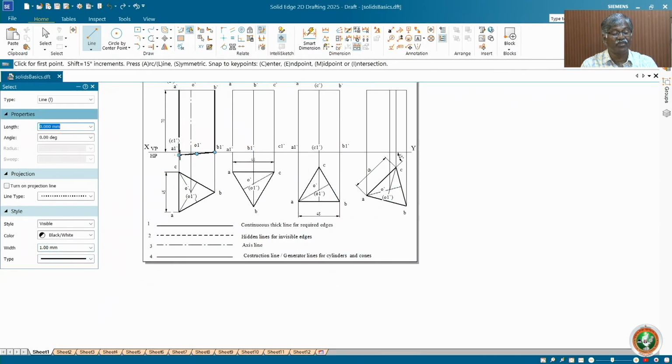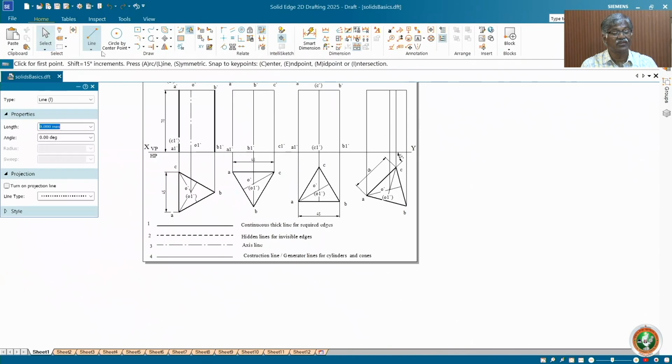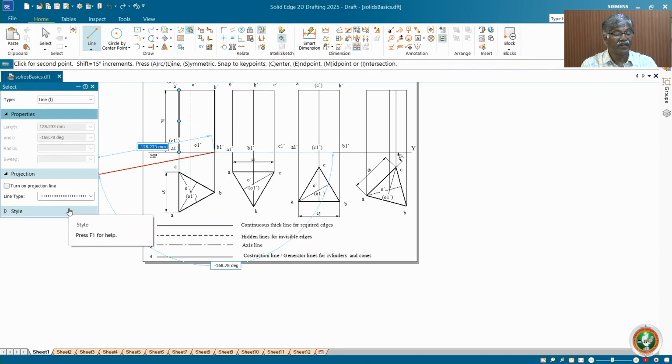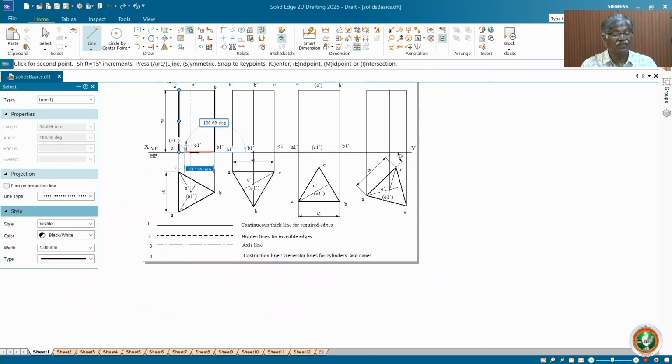So purposefully I am taking a little more thickness so that you can understand better. So take this, and before that let me change the thickness, and at the end of the line you stop. Here also you do the same. Now this is how you complete the top view and front view. So this is axis and this.